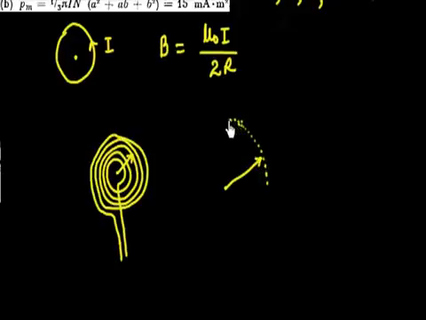So at distance r, I will have a circle. And now I can assume there are some more circles. So this is one circle, we will have some more circles.